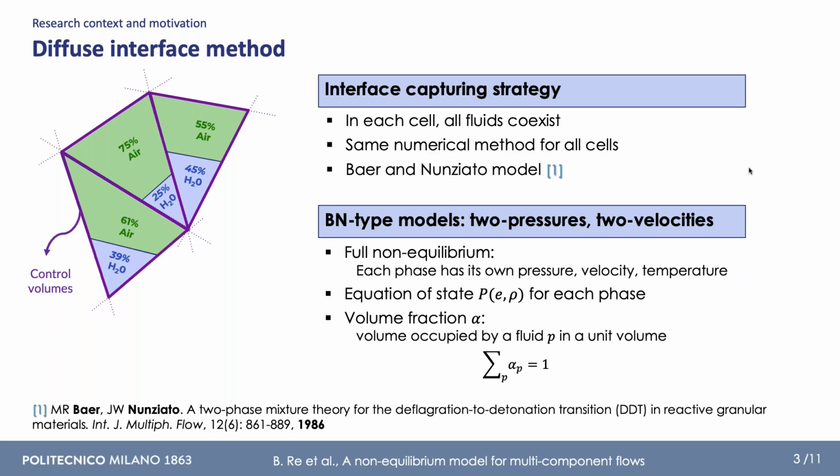In this type of method, the indicator for the interfaces is based on the volume fraction, which is defined as the volume occupied by, for instance, a droplet or a bubble of a certain fluid in a unit of volume. The sum of all the volume fractions should be equal to 1, because we are not considering that there is vacuum in our fluid. So all the volume is occupied by one or the other.